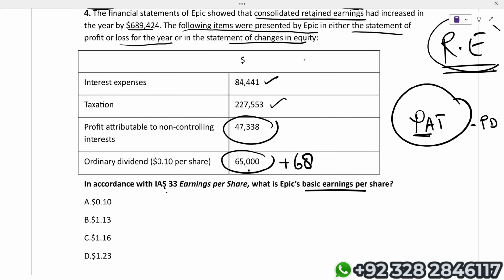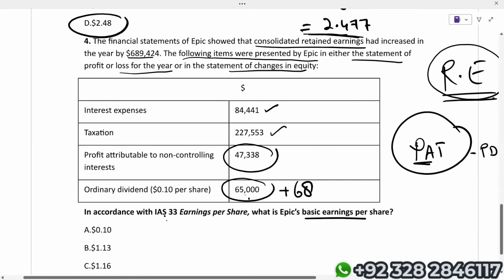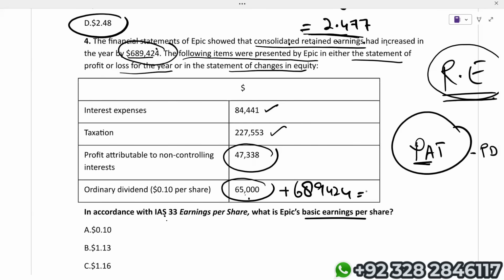They have categorically written, consolidated retained earning had increased in the year. So this is the rise in the current year, 689,424. Here comes the earning which we need for calculating EPS. 65,000 plus 689,424. Students, I am getting 754,424. So here comes your basic EPS.